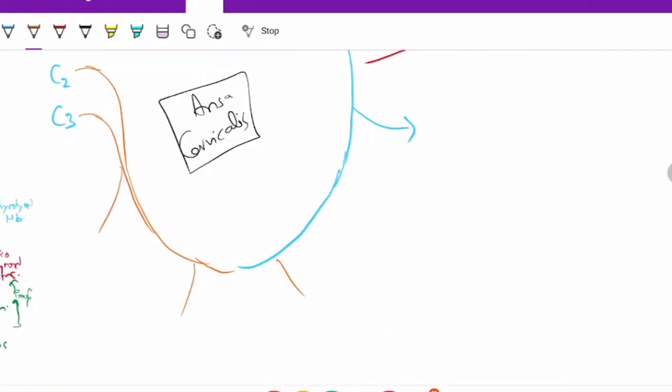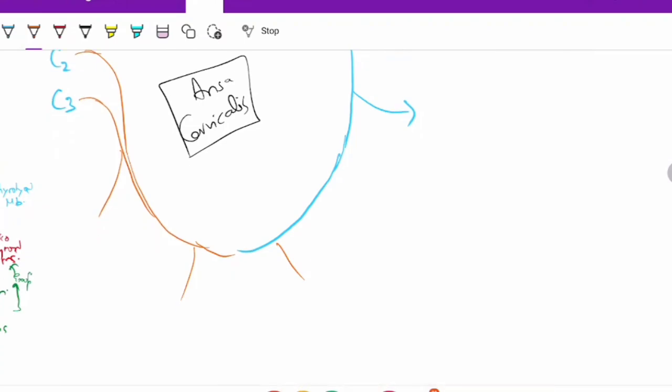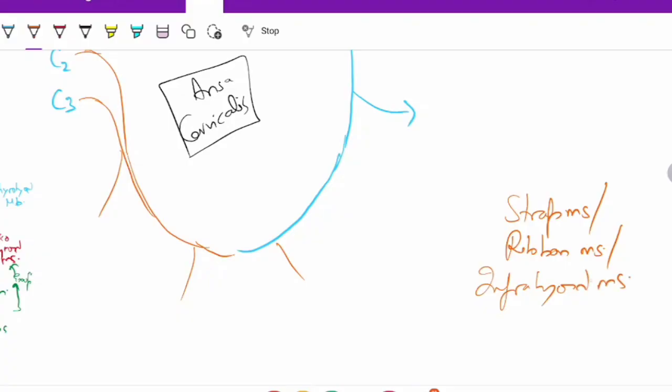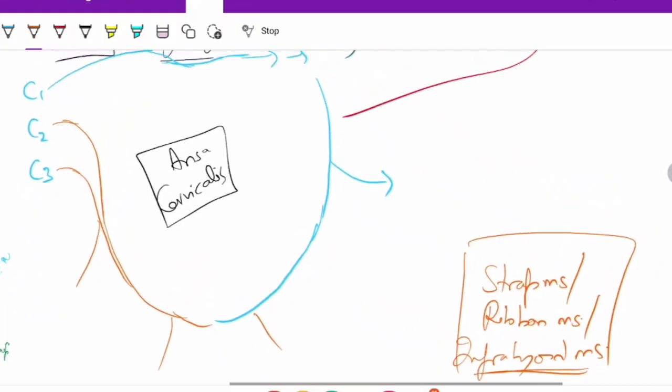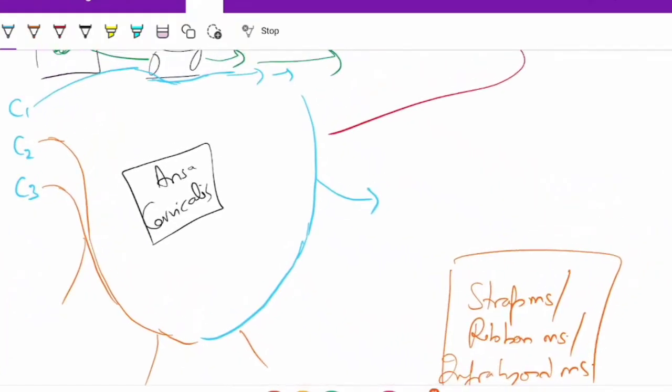This ansa supplies a very important muscle group, known as the strap muscles, ribbon muscles, or the more appropriate name, the infrahyoid muscle group. I told you that the C1 root at the point of origin drops down and gives off a branch. But is it the only part?